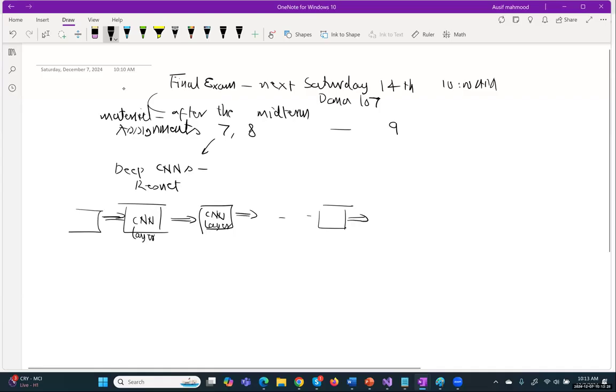So if we have some input image that we fed over here, suppose this is X. As it goes through many, many layers, it's learning the important aspects of the image as we apply different convolutions. Within each layer, we have multiple convolutions going in parallel.